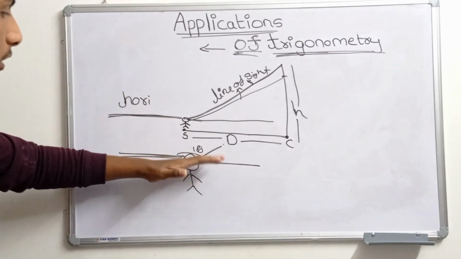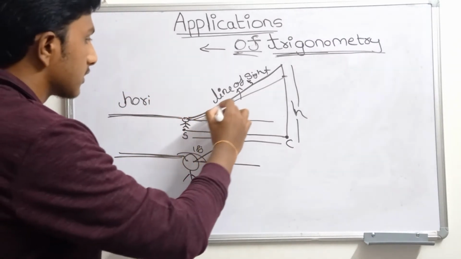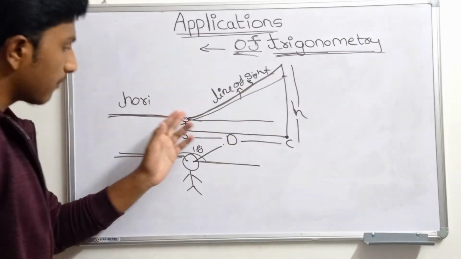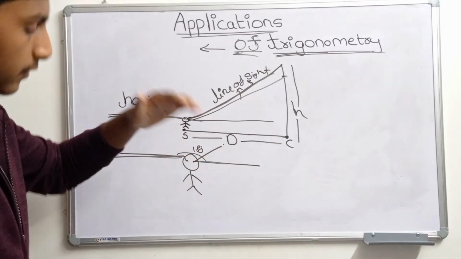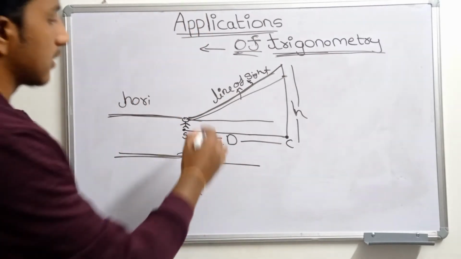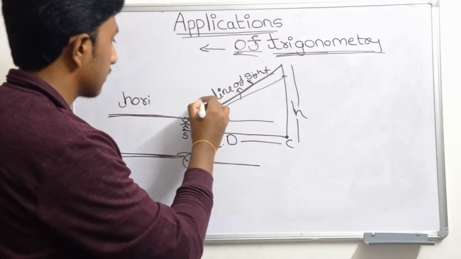When the person is looking at the top of the tower, or looking from the surface to the top, the angle is known as angle of elevation.